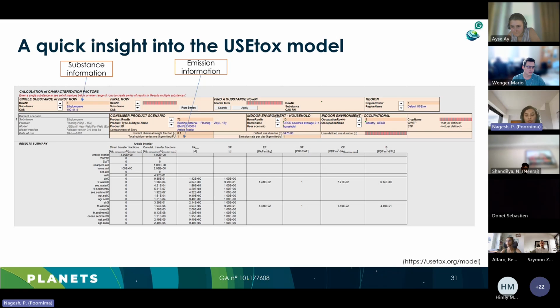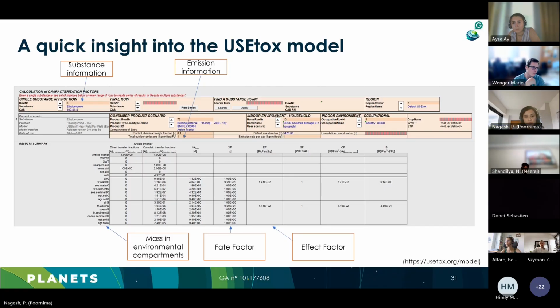So you can also define the specific exposure scenario, and based on that, the model can already estimate the mass that would end up in the environmental compartments, and the different fate factors, and the effect, the potentially affected fraction of the species.